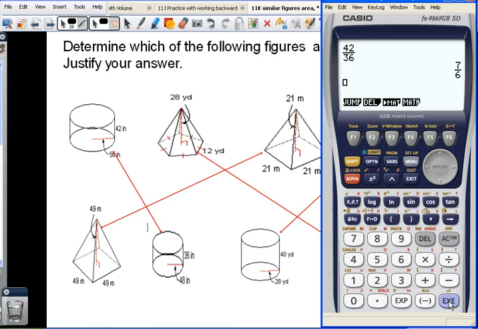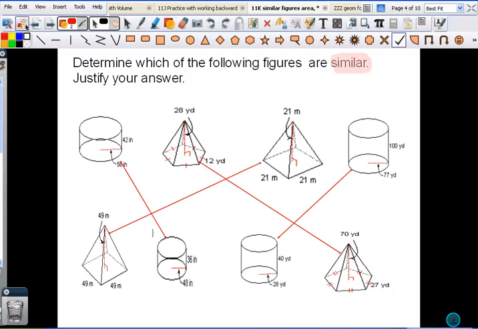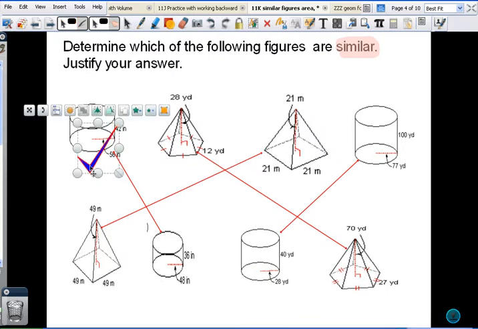I get 7 over 6. I'm going to take 56 over 48 and see what I get there, and I get the same proportion. So I can say yes, that these two are proportional. Those two are similar shapes because the ratio between their sides is the same.